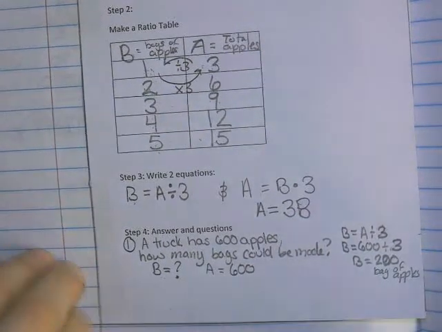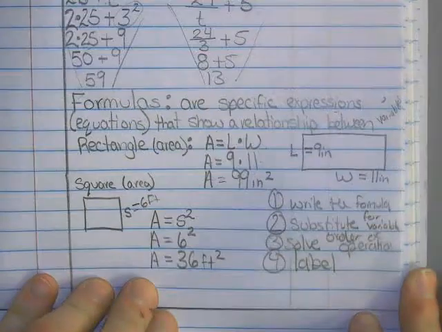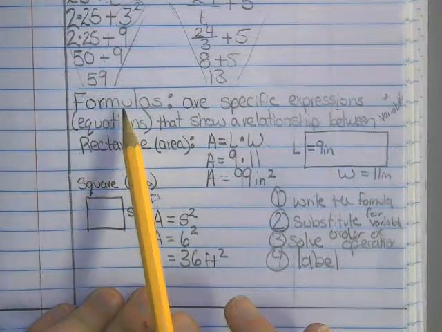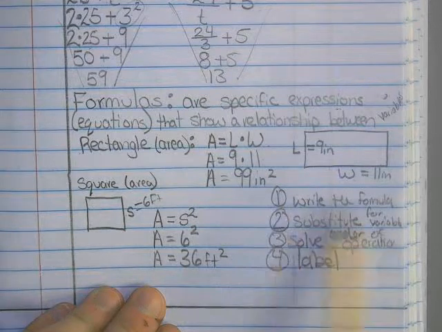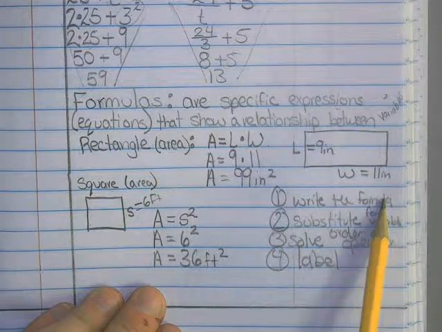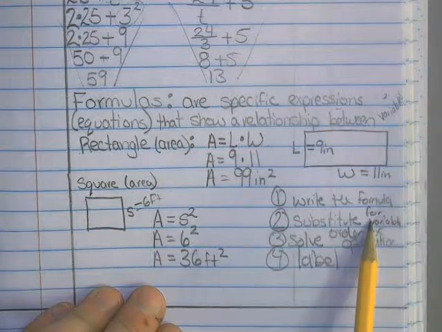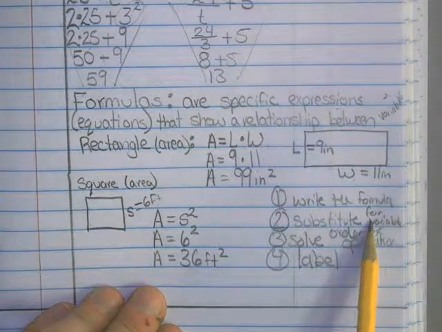Okay. Now, why did I do it that way? Well, if you turn back to page 83, right here, on the section that talks about formulas, remember the steps for a formula. One is write the formula you're using, which is the equation we made up. Two is substitute what you know, the variable you know.